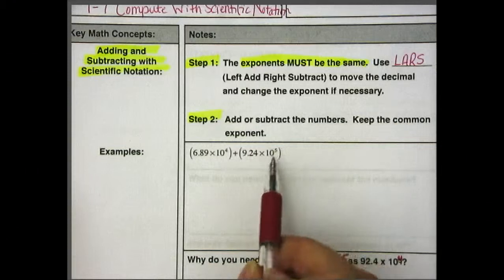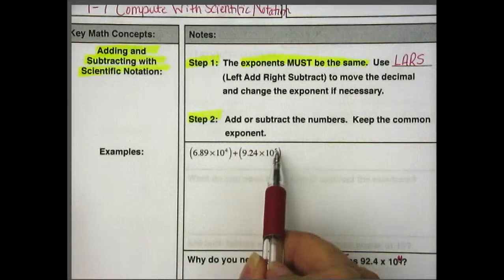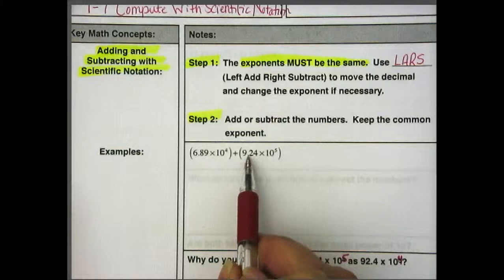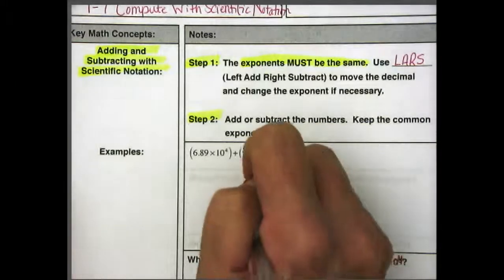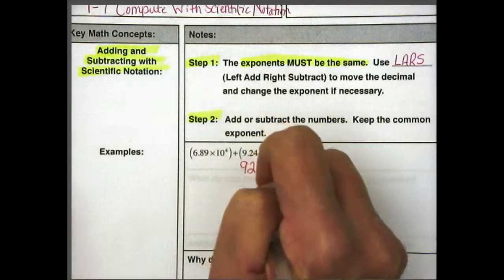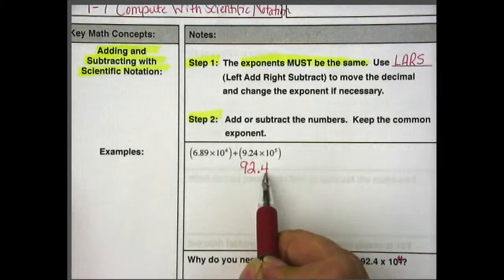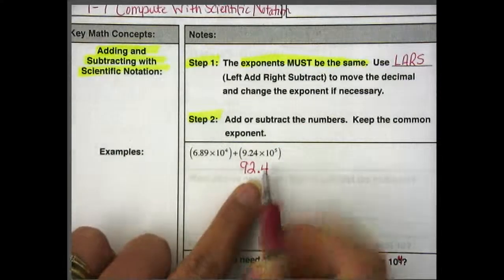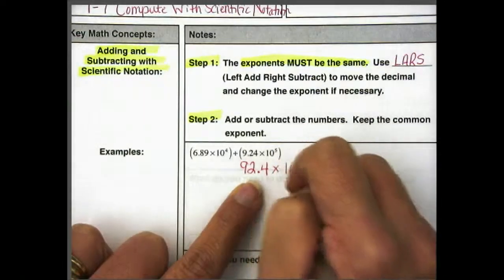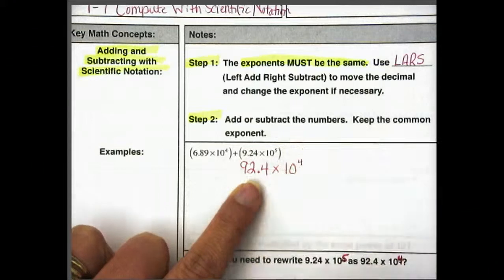So if we need to have a smaller exponent here, we're going to have to move our decimal point over to the right one place. So 92.4, we moved our decimal point to the right, so we're going to subtract 1 from our exponent.